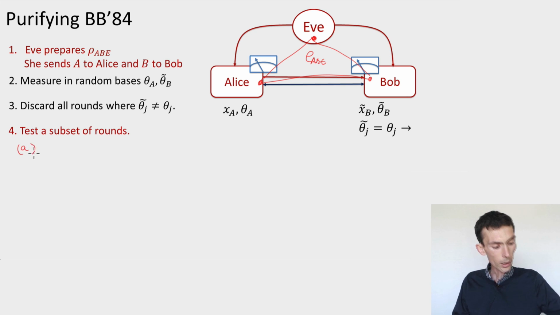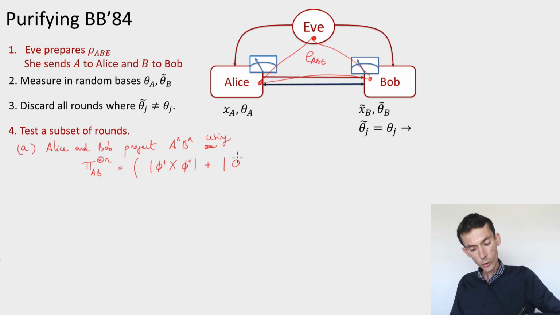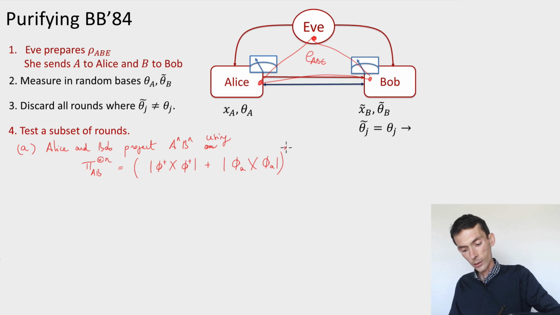In the A part, Alice and Bob will project their systems, A^n, B^n, using the following projector, pi AB tensor n, which is the projection on the state phi plus. This is going to be a rank 2 projector, plus a state, let me just call it phi A for that part of the protocol, n copies, where phi A is the state 1 by root 2, (0,1 plus 1,0).